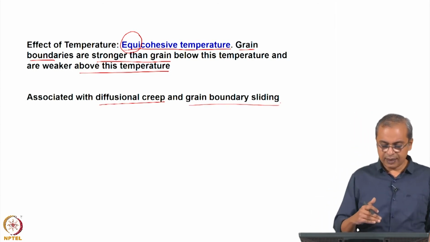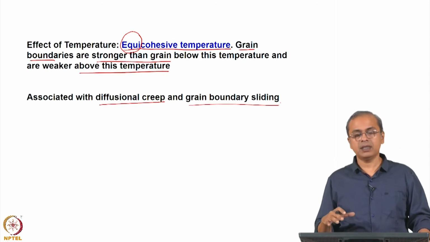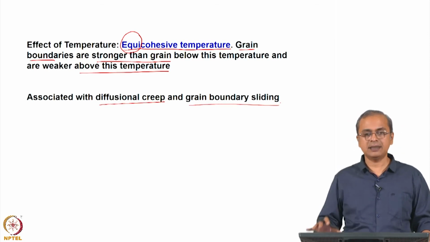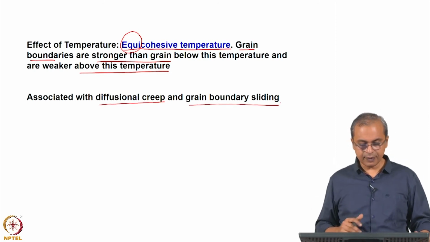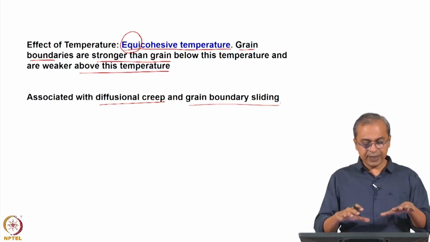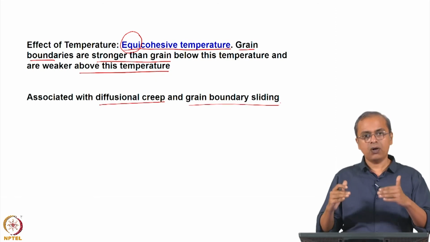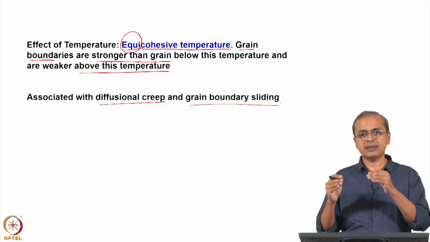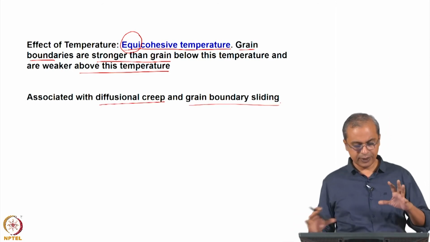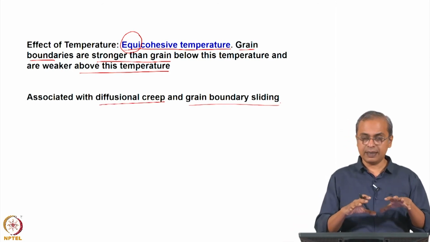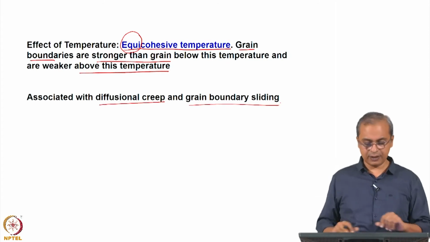This concept of equi-cohesive temperature was explained by taking these phenomena into account. And so, this is the effect of temperature on a material which has a certain number of grains and grain boundaries. Okay. That is the situation that has been explained previously with this kind of system.